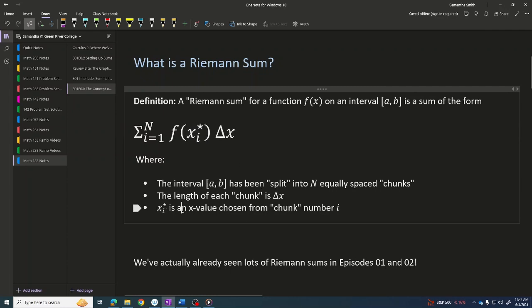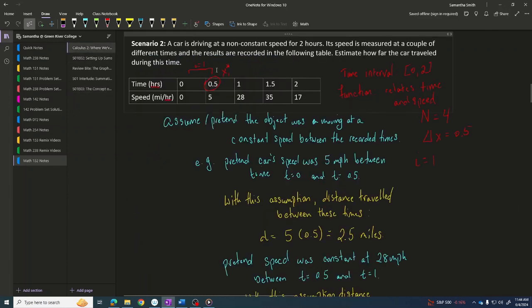X sub i star is an x value chosen more or less at random from your ith chunk. So x sub 1 star would be a value chosen at random from this first period of time. And in this example, we chose the x value on the right-hand side. So x1 star was 0.5, and the corresponding output at that value we decided was 5.